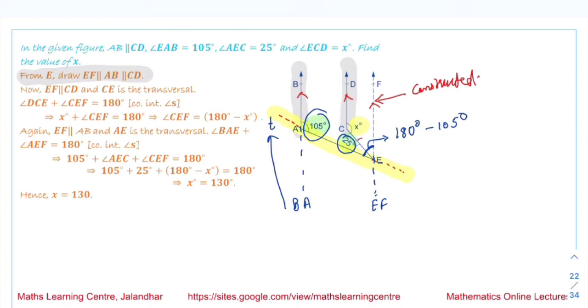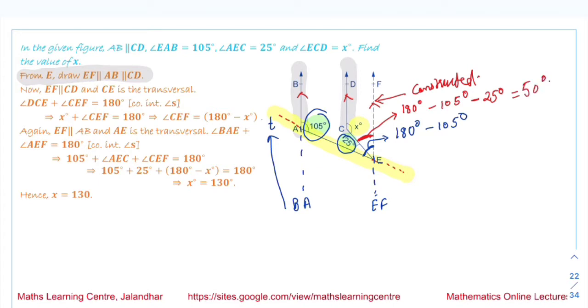So what we are left with, if we want to find this angle over here, is 180 degree minus 105 degree minus 25 degrees. So the answer is, this smaller angle is 50 degrees.